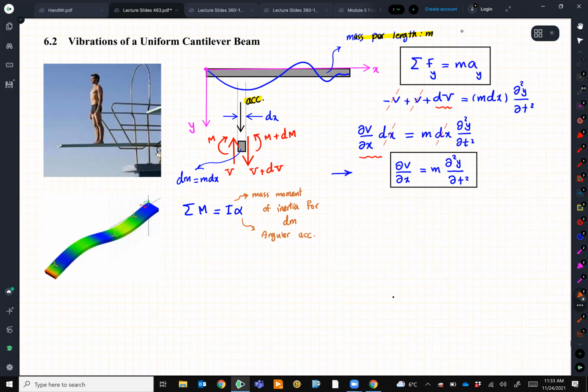So take a look at this little mass m. It moves up and down. Obviously, for a beam, if it has large deformation, it can also rotate. So it has alpha or theta double dot. We cannot ignore that one. It can somehow rotate. But I is very, very small because dx is very small. So you can think of a link or a bar that has length dx, and then you need to raise it to the power of 2.